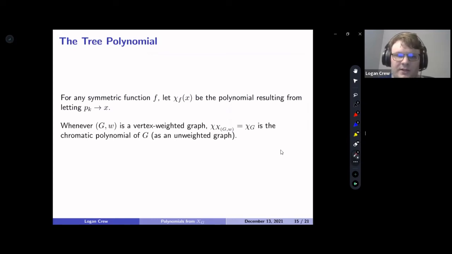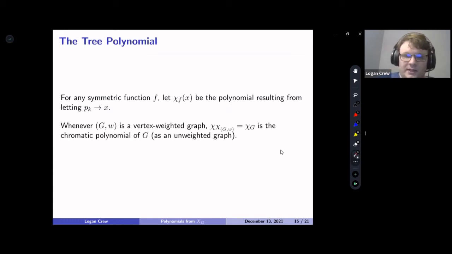So as we mentioned, if we have a symmetric function f, we can in principle define a polynomial from it, which we could call chi f of x. And I'm switching to x here, so this is easier to see because I'm going to be using n for numbers of vertices and things. And chi f of x is going to be the polynomial resulting from letting each power sum function go to x.